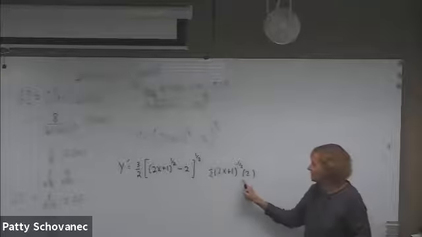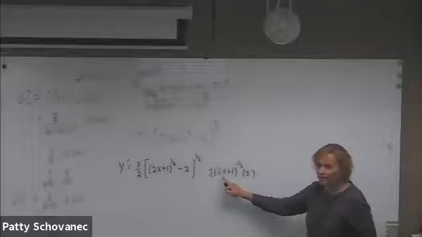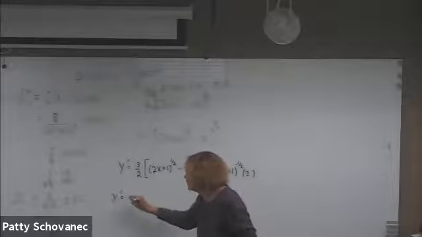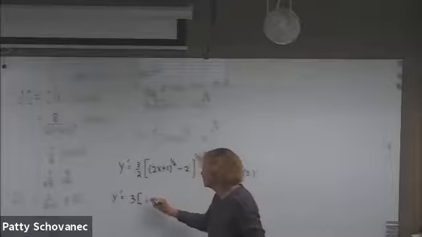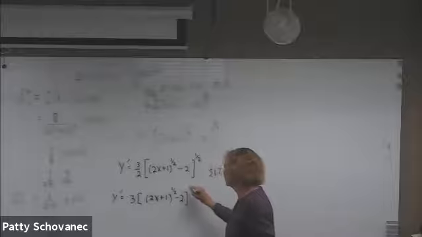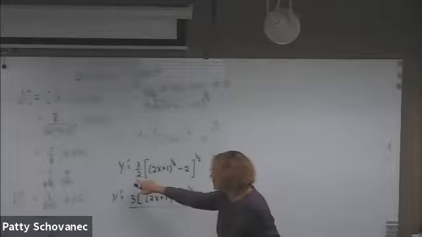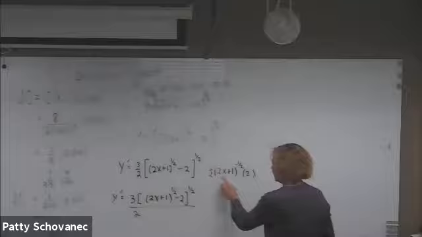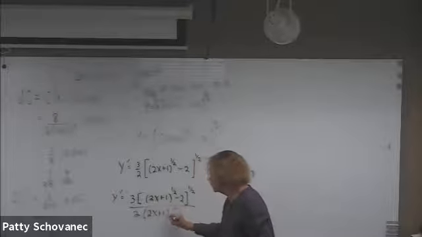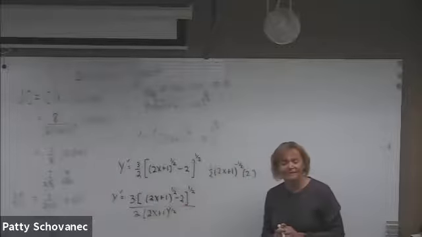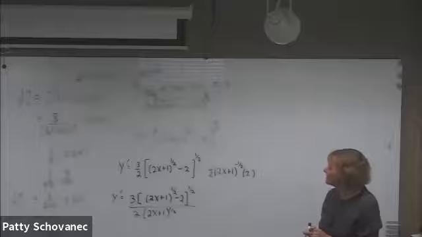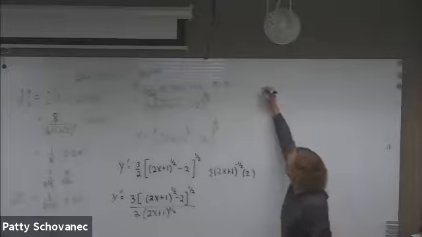These two cancel each other out. This I'm going to put on the bottom with a positive exponent. So here's that 2. These two cancel, and now that with a positive exponent. Now the slope of the tangent line is found by replacing x by 4.